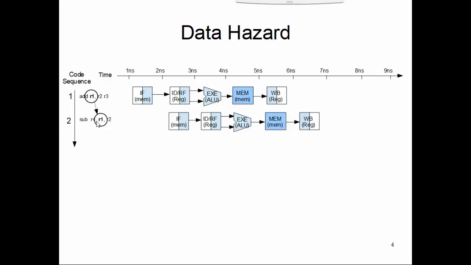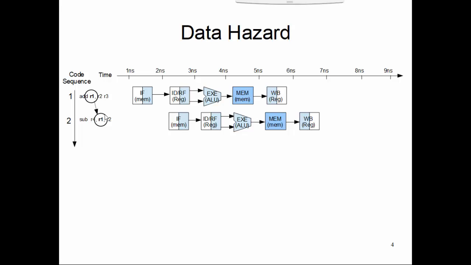So the programmer's intention is that the add instruction completes first, so that R1 has the updated value of the addition, and then that updated value is used by the second instruction.